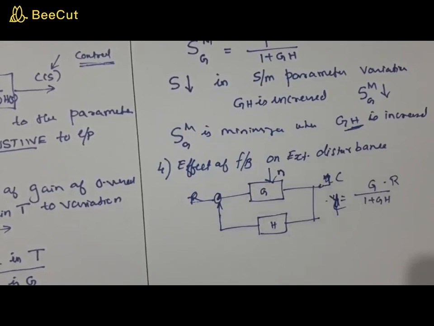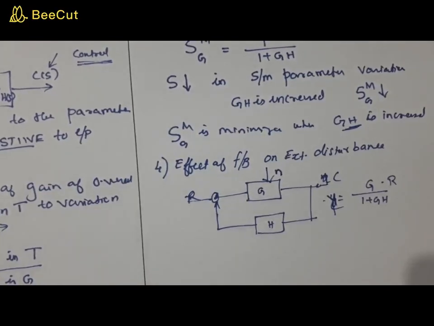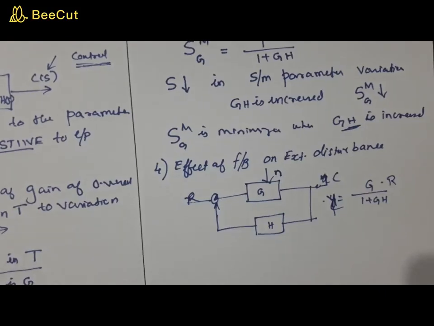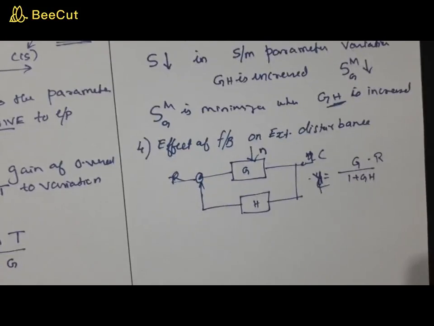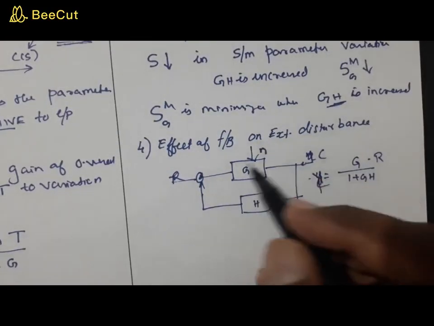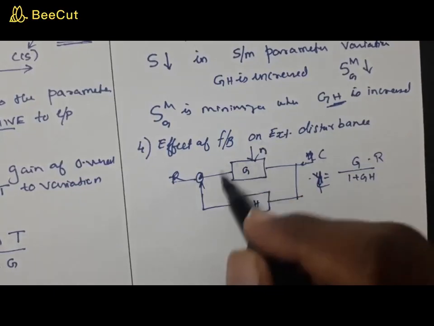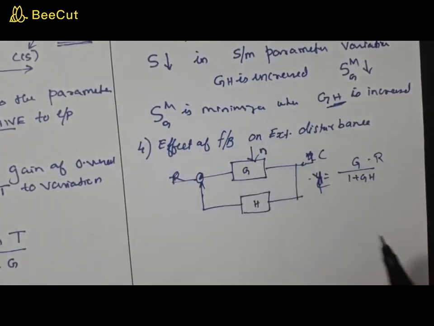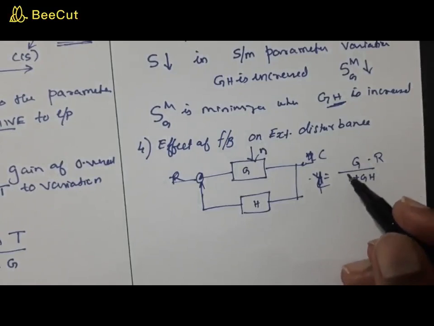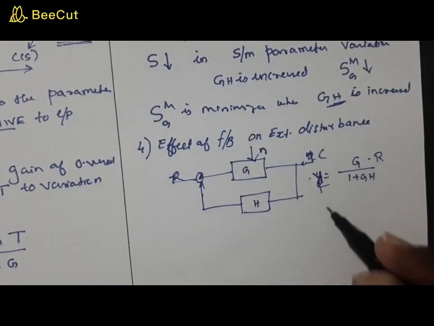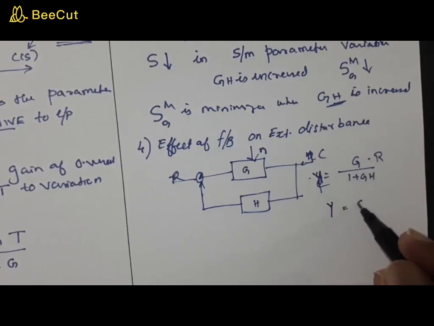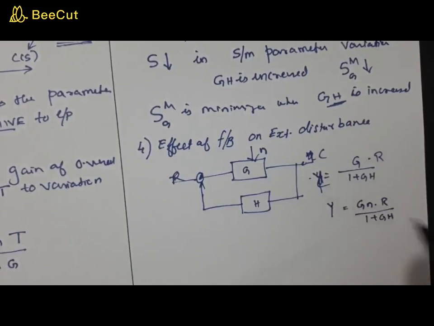External noise is something which can occur at any time, without any sort of notice. So that is unexpected. That's why we categorize that as a random signal. It cannot be predicted. So imagine that a noise disturbance comes along this path and gets induced. So what will happen to the output equation? This output equation now becomes C is equal to G into N into R by 1 plus GH.